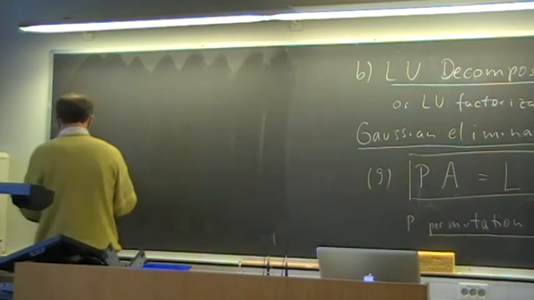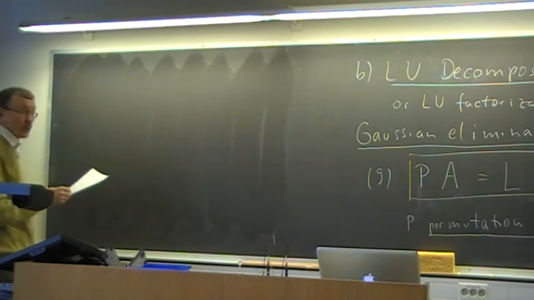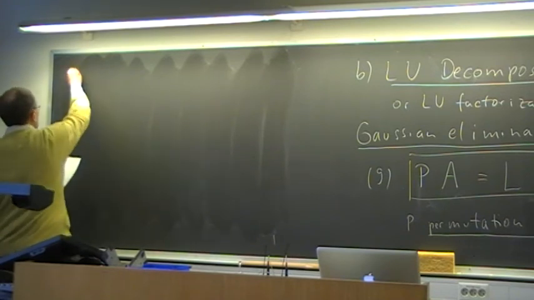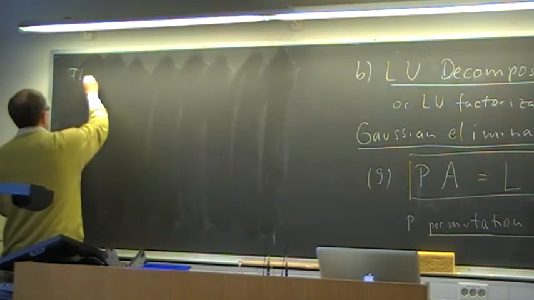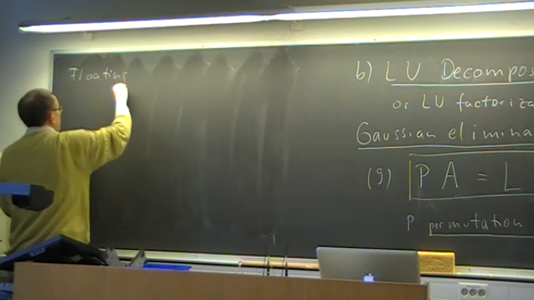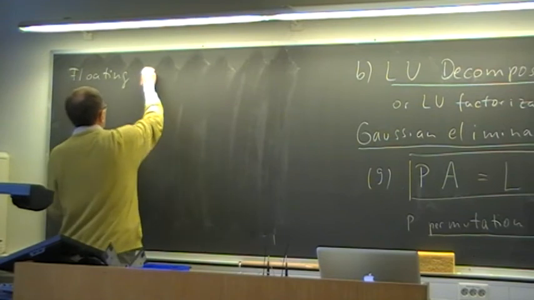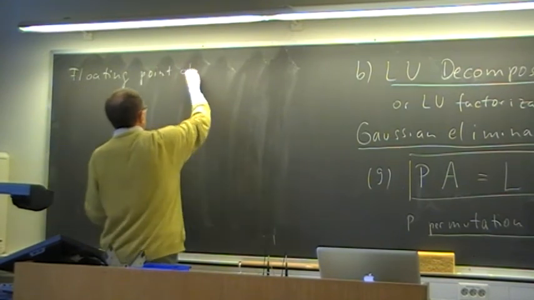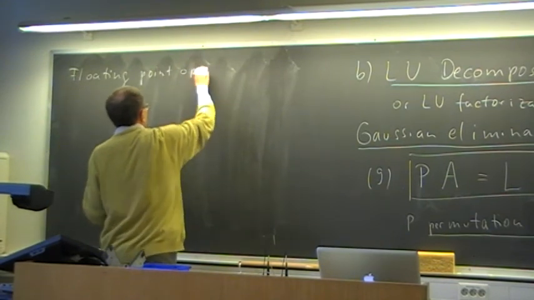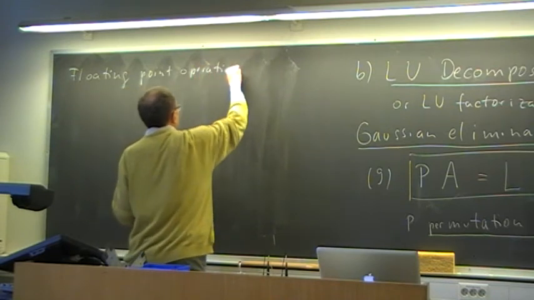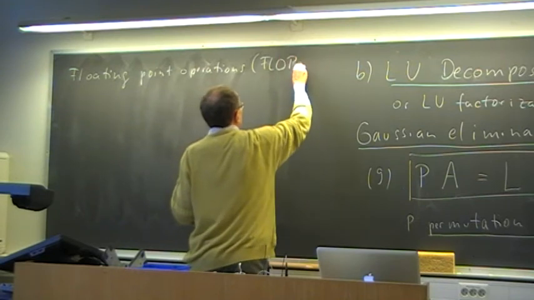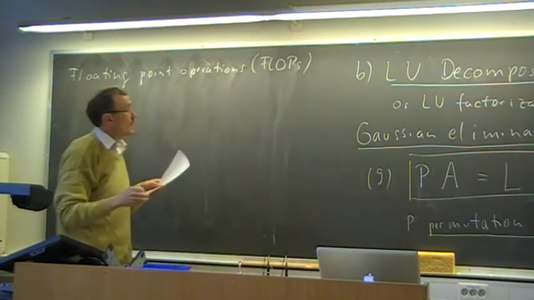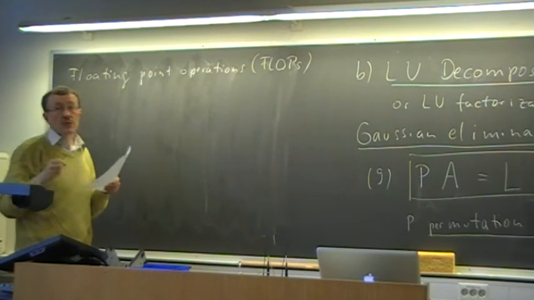Let us now look at the floating point operations and the storage requirement for the general LU decomposition and forward-backward substitution. Floating point operations, that is what we call here the flux. Don't mix that with floating point operations per second.